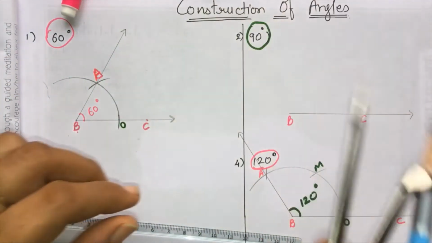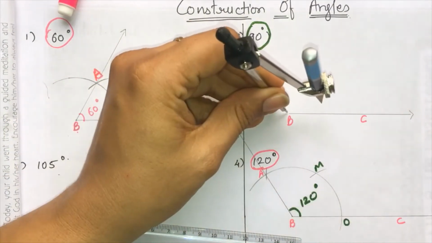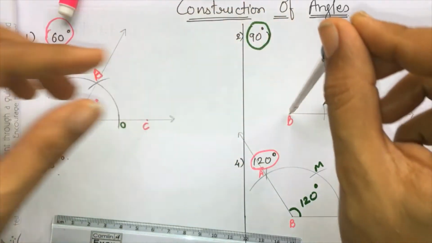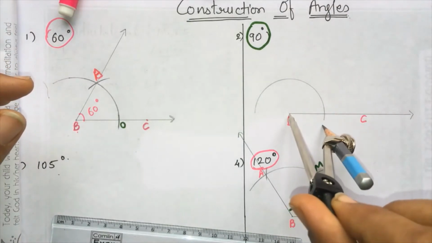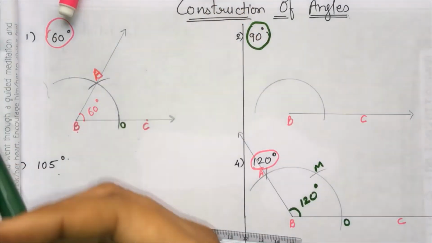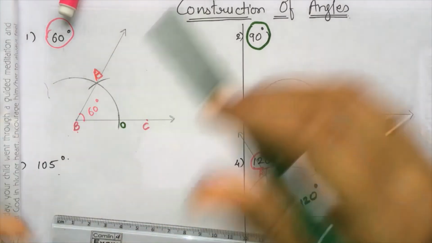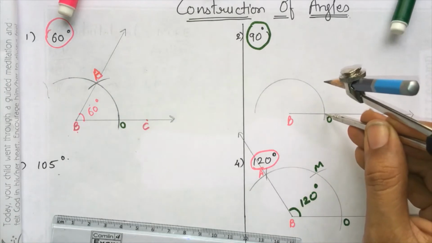choosing a random radius, first arc, okay, point of intersection will be O, same radius, no change.